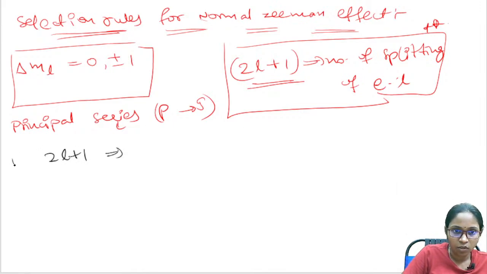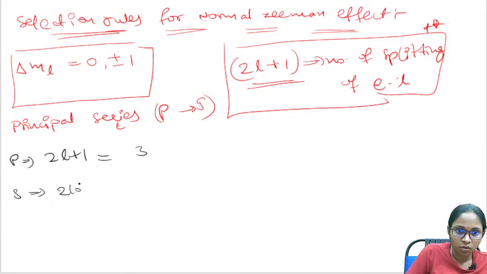For P orbital, 2L plus 1 will be equal to 2 into 1 plus 1, which is 3. That means this P orbital is split into 3 energy levels. Coming to S orbital, this will be 2 into 0 plus 1, equal to 1. That means this S orbital is not split.